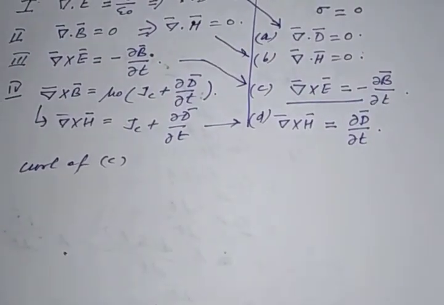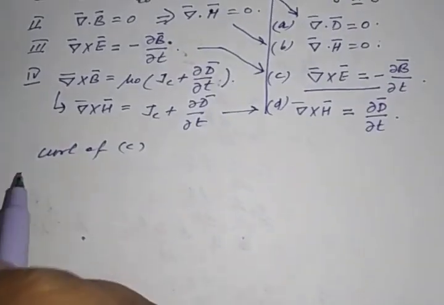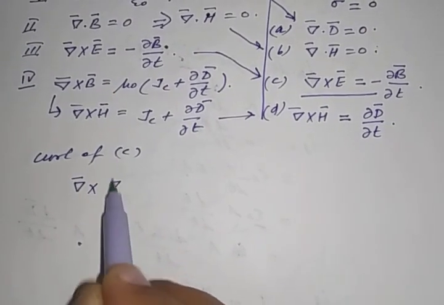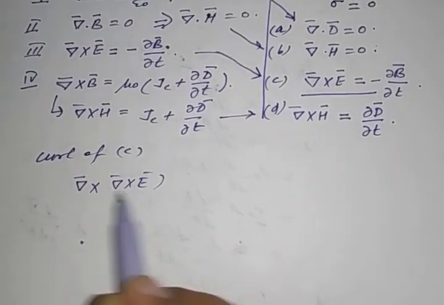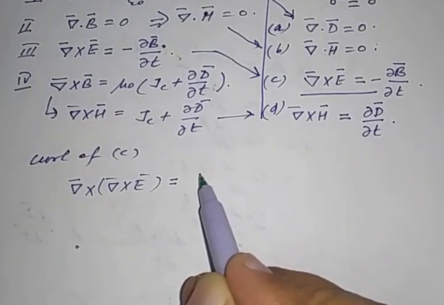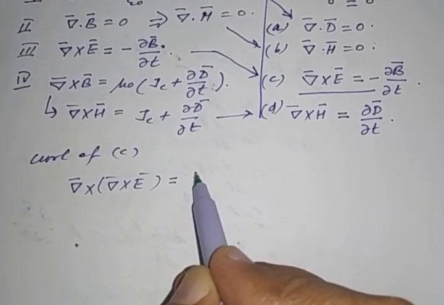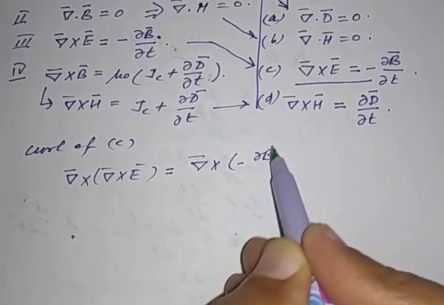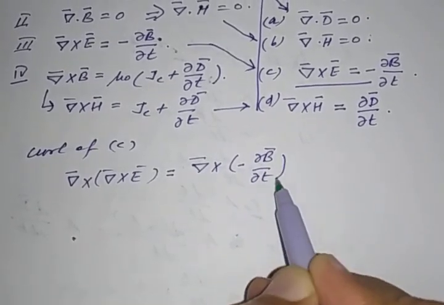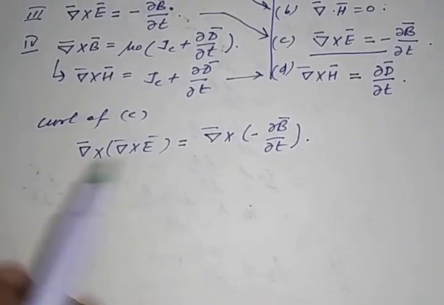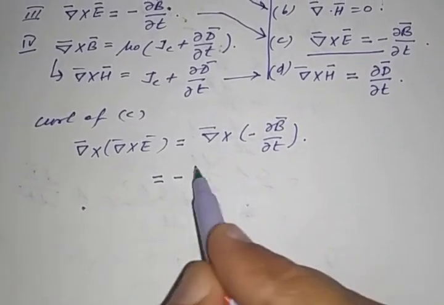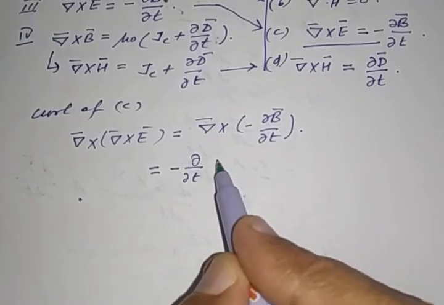We have to take the curl of equation C. So that will be del cross E is equal to this. Remove this inside and it will be del by del T.